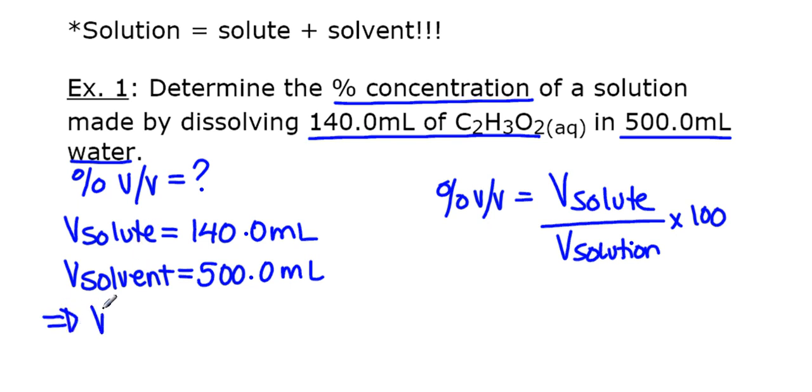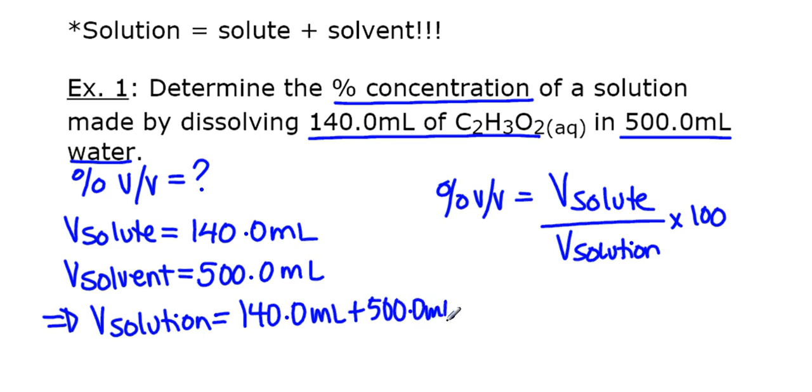So here we have to do this calculation before we go and find the percentage. 140 milliliters of the acid is added to 500 milliliters of water. So the total volume of our solution is 640 milliliters, and that's what we need for our denominator here.